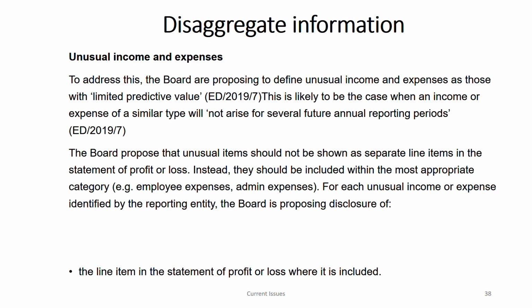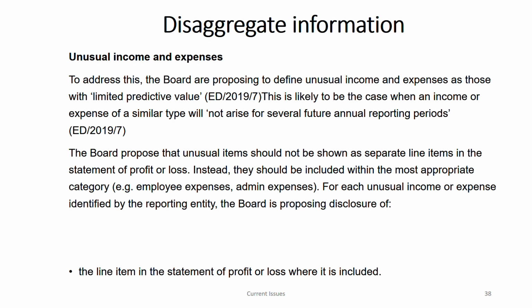Sometimes you must have seen a title, right? Others. Because you cannot classify what type of expense it is, you put it under others. No. They say if, for example, you believe that unusual income or expense is most likely an employee type of expense or admin expense, you put it under that.